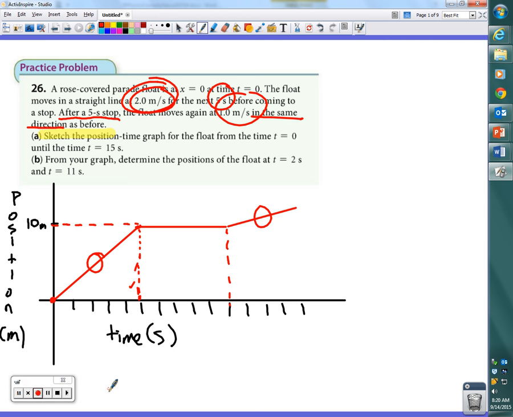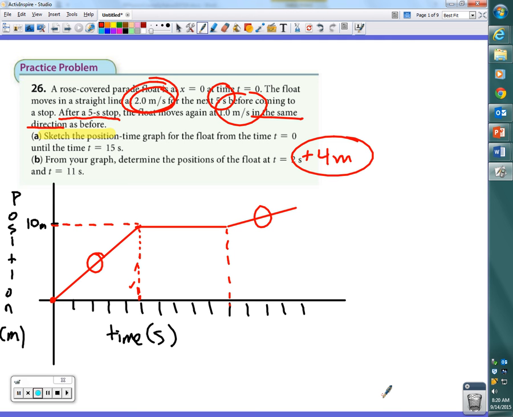Okay? Good there? And then from your graph, determine the position of the float at 2 seconds and then at 4 seconds. So at 2 seconds, the position should be 4 meters, right? Or more specifically, we probably should label it as positive 4 meters because position is a vector quantity.